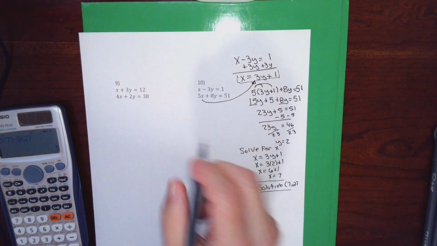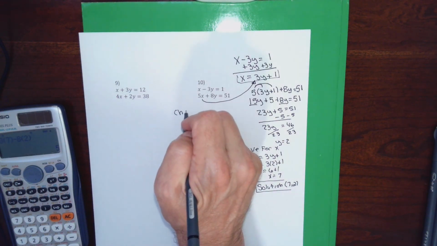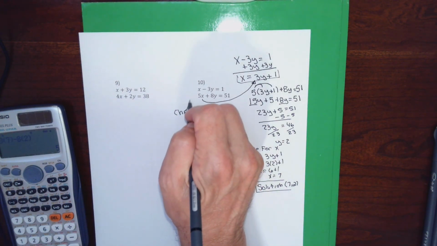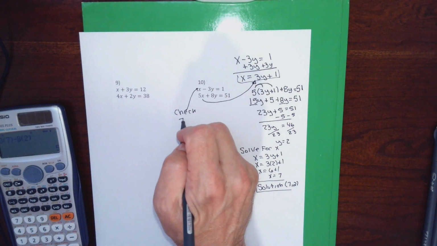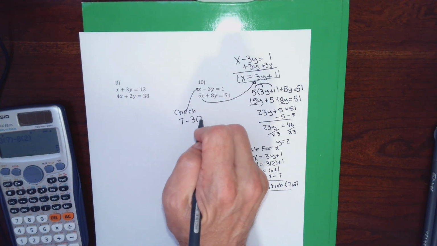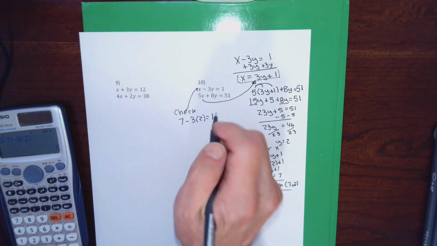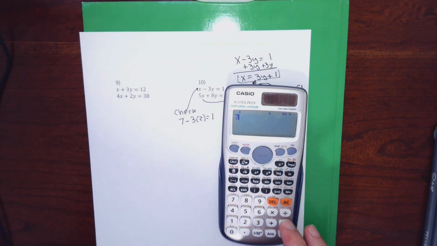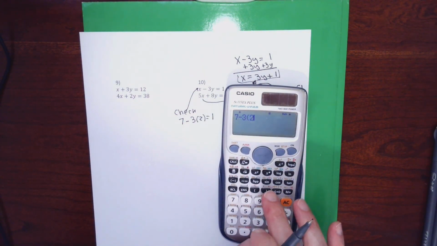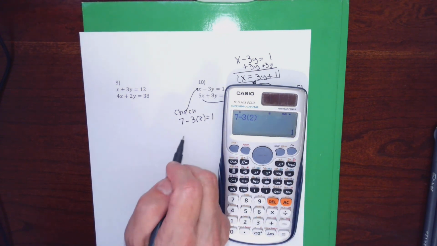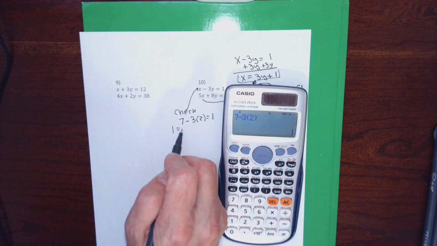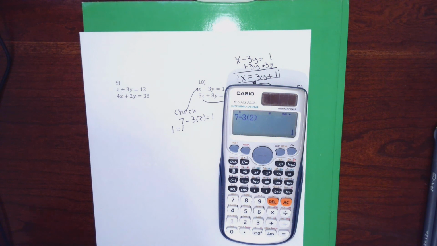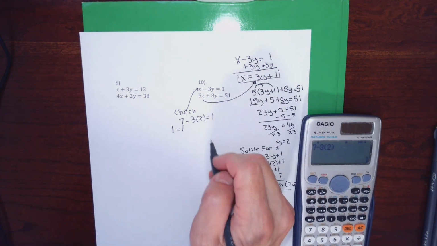I should check. So for checking, I should go to the top line, change the x to 7 and the y to 2, and make sure I get a true statement by going 7 minus 3 times 2 to simplify the left side. Confirm that that's true, and do the same for the bottom equation.